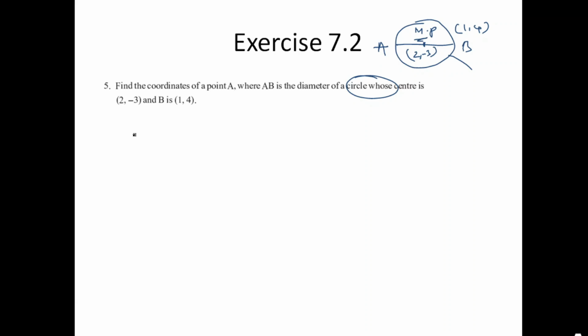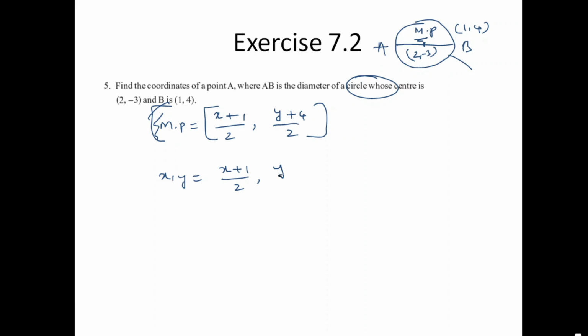So I can write directly the midpoint of this as x1 plus x2 by 2, where x1 is your x, x2 is 1, plus y1 plus y2 by 2, isn't it? And this midpoint itself is your x comma y. So let me solve this one out. x comma y equals x plus 1 by 2 and y plus 4 by 2. Okay. So this is your required thing.